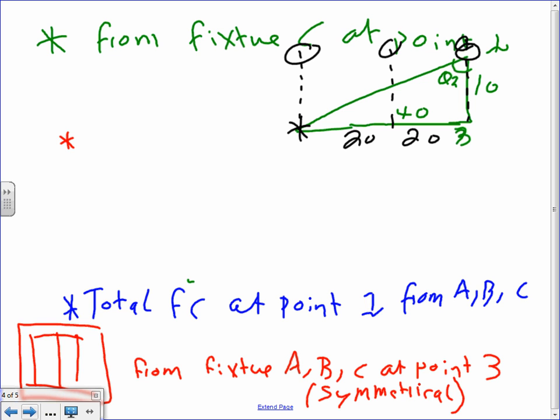This will be point 1 here. This will be fixture what? A, B, C. That'll be fixture C. This is A, and this is B, right? See that contribution?